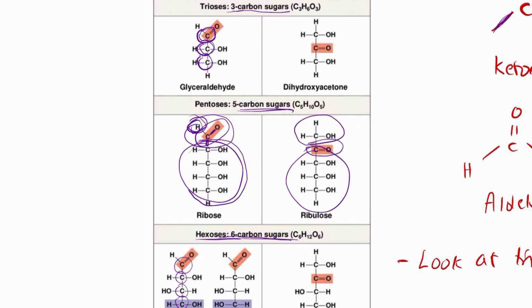If it has 5, if we look here, let's circle it out, we have 1, 2, 3, 4, 5. We have 5 carbons, so this is a 5-carbon sugar or a pentose.